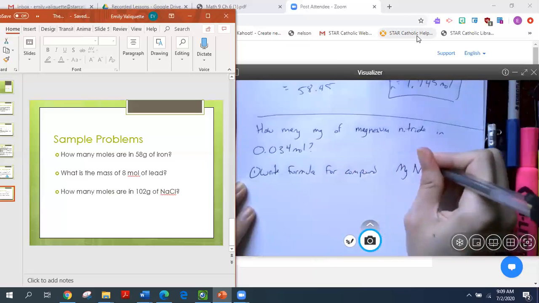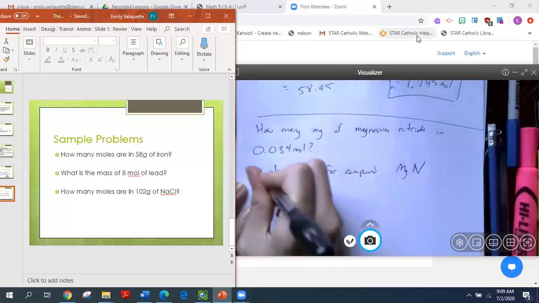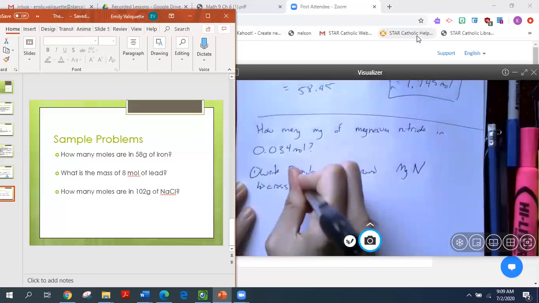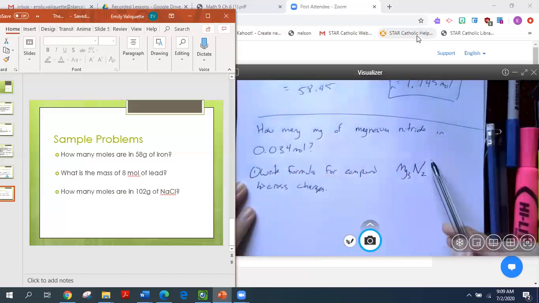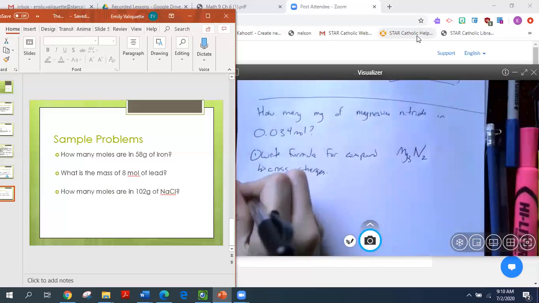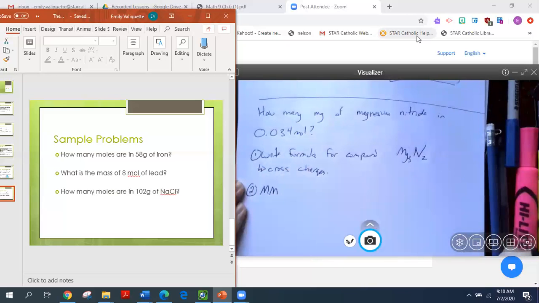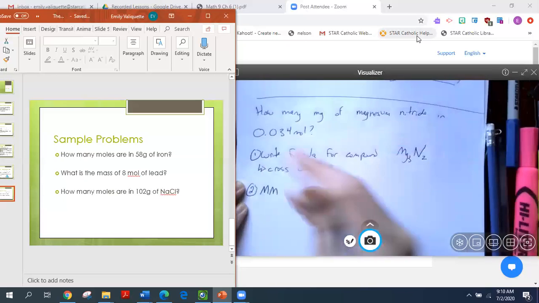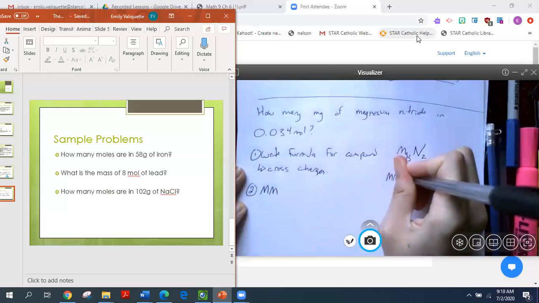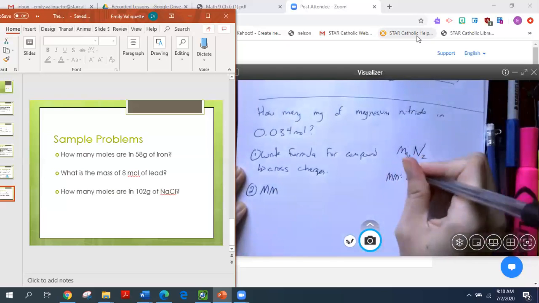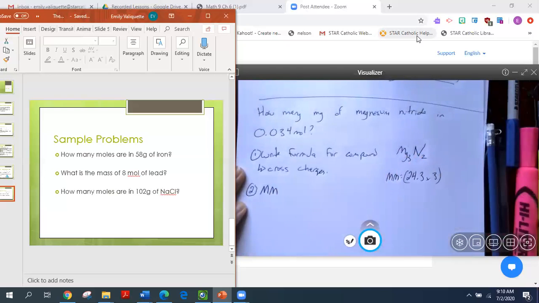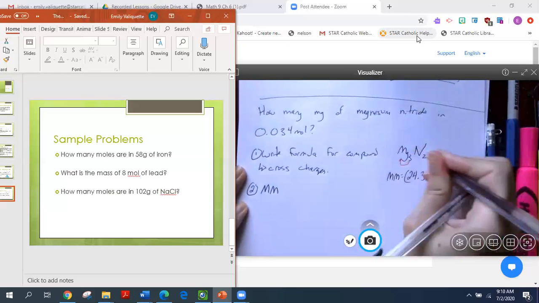So we have magnesium nitride. Because it is ionic, we must cross our charges. So nitrogen has a charge of 3, magnesium has a charge of 2, so we get Mg3N2. Once we have that, then we of course find our molar mass. And so in order to do that, our molar mass is going to be the mass of magnesium, which is 24.3, and then times it by 3, since there are 3 magnesiums.